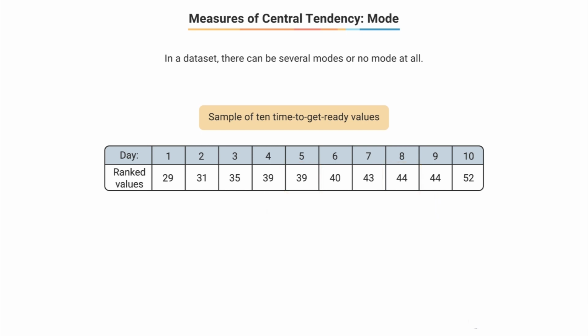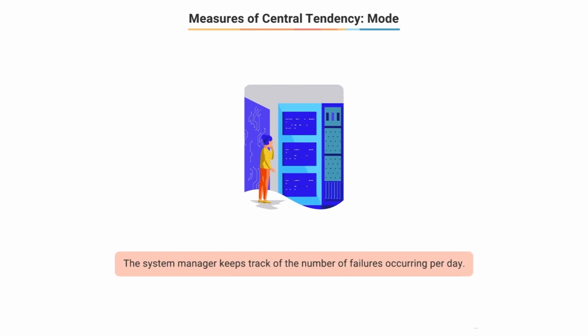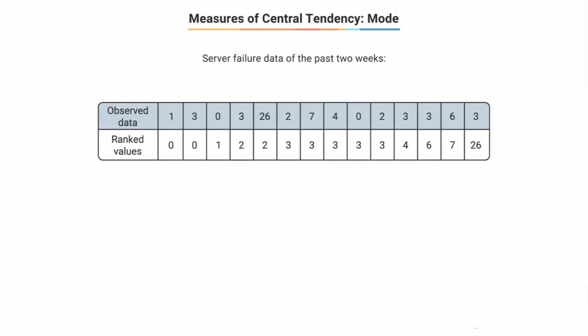Consider another example where a systems manager is in charge of a company's network and keeps track of the number of server failures that occur in a day. The failure data is provided here for the past 2 weeks, which represent the number of server failures per day. The observations are shown and they are also ranked according to their magnitude in the table.